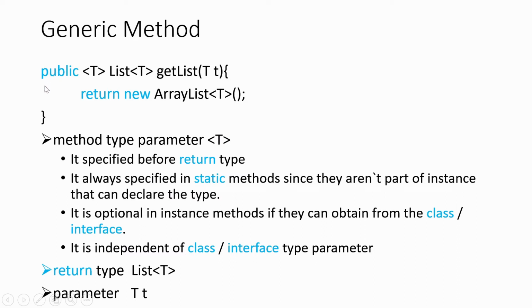As you can see, this is an instance method getList, which is accepting the type, passing through the list, creating an object of ArrayList, and returning. The return type is List of T. Method type parameter is always specified in static methods, since they are not part of an instance that can declare the type. So let's see.